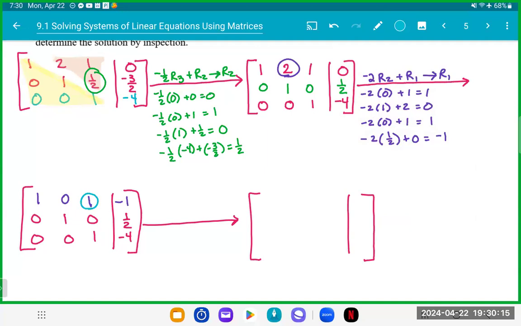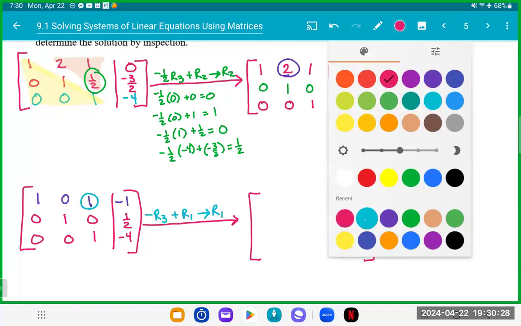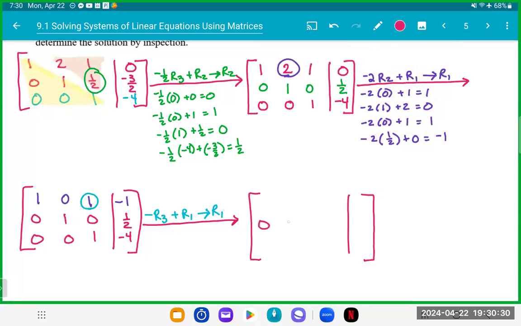Okay. So now we want to do negative row 3 added to row 1, replace row 1. So row 2 and 3 are staying the same. So we have 0, 1, 0, 1/2, and 0, 0, 1, -4.